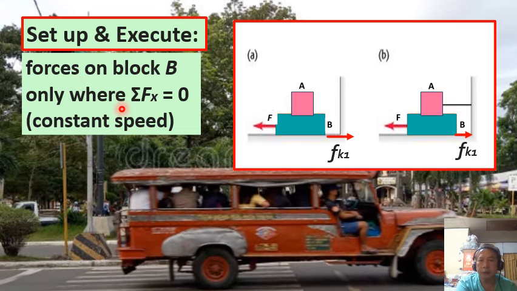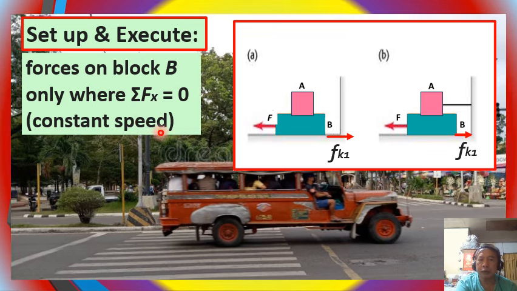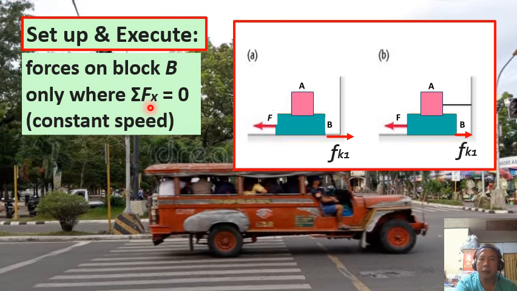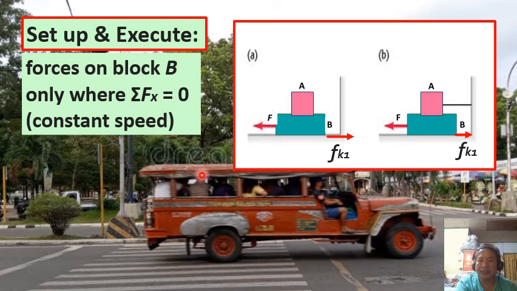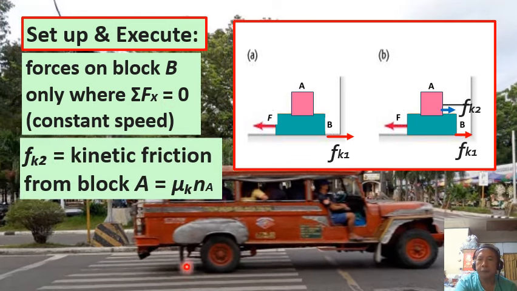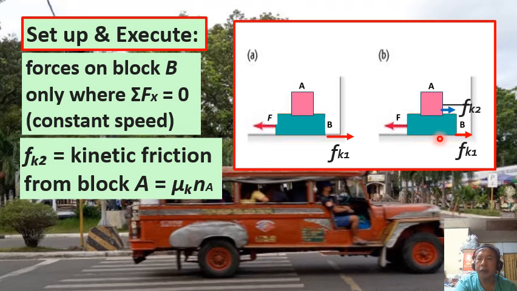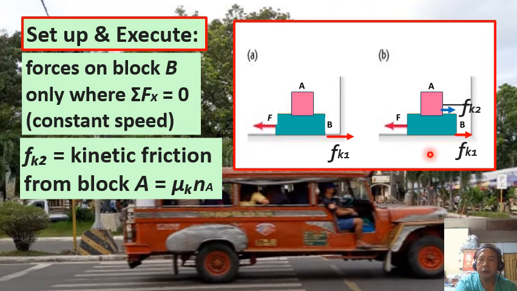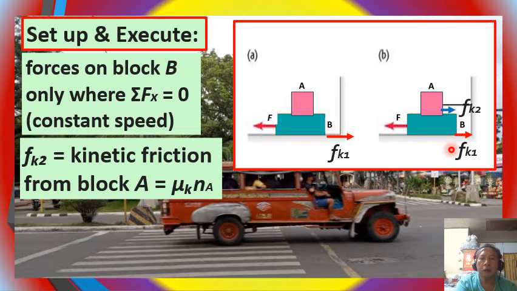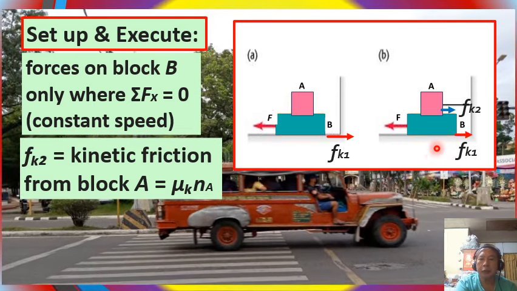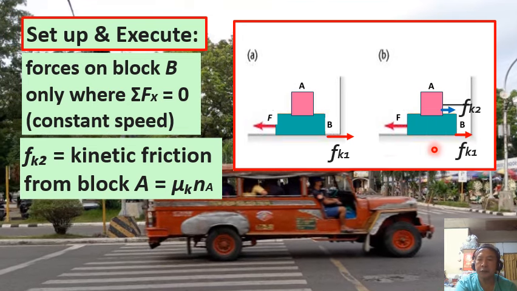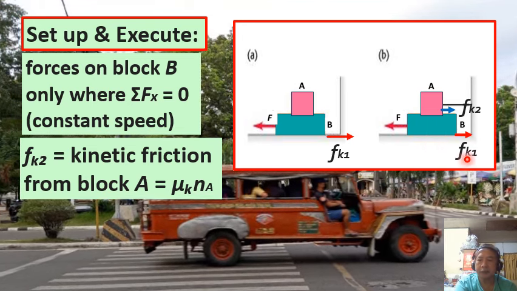The fact that it is also moving at constant speed means the summation of F_x equals 0 also applies. And as shown in figure B, there is an opposing kinetic friction on block B from the fact that it is in contact with the surface.